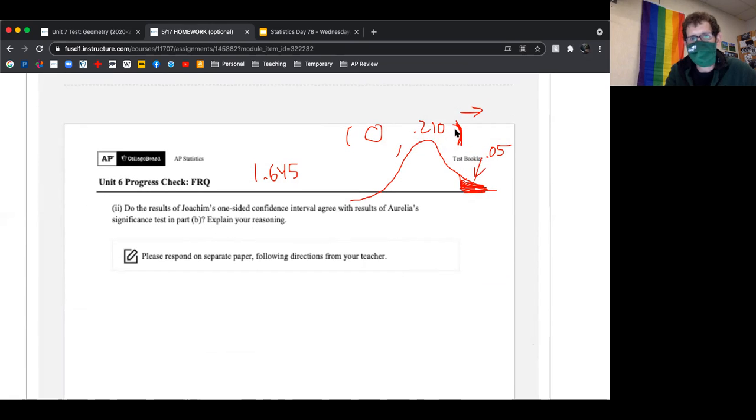We would say that 0.215 is outside of our confidence interval. Therefore, it would be statistically significant, because it would not be within the 95% of values that we expected to find. It would fall in the 5% that we would not expect to find.